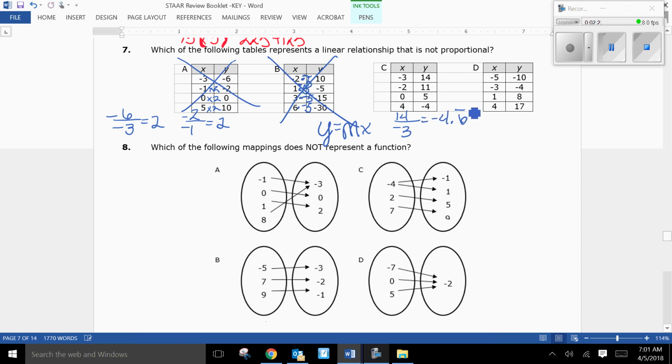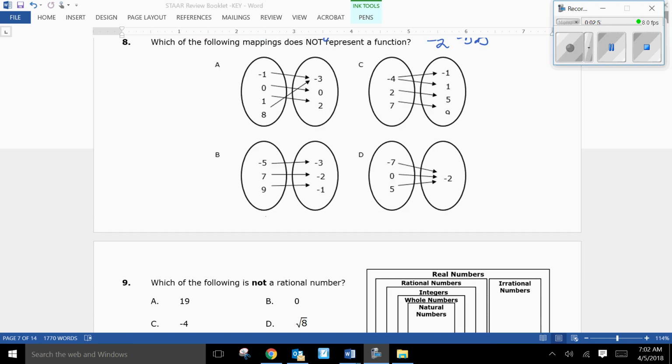And then I'm going to do 11 divided by -2 and see if it's the same. And when I do that one, I get -5.5. So 11 over -2 equals -5.5. Okay, so this one is not proportional because they equal different things. I'm not actually multiplying by the same thing to get to the other. So C would be my answer.